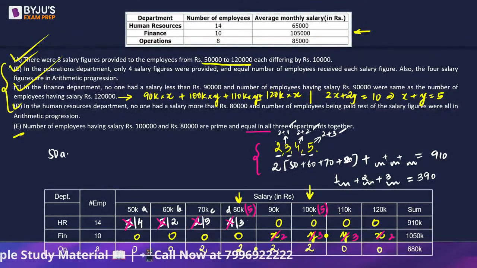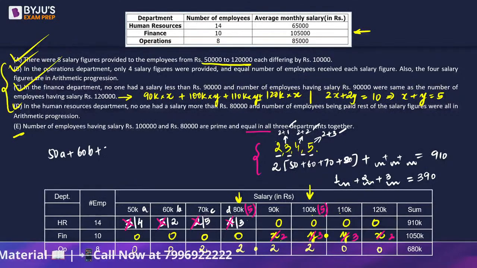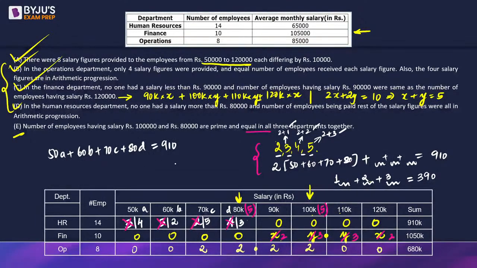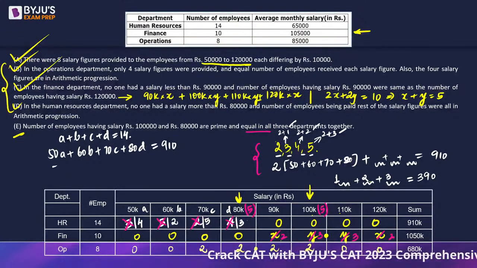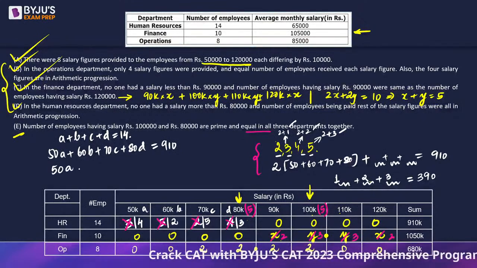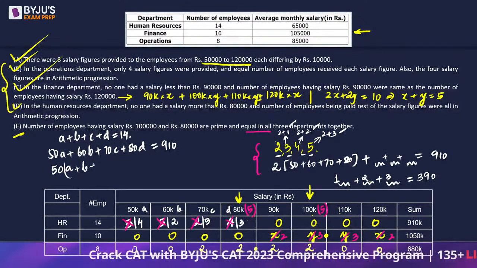So we can say 50A plus 60B plus 70C plus 80D is equal to 910, where A, B, C, D are the number of employees. And we are also given that A plus B plus C plus D जो है ये अपना 14 है ना? So what we can do is we can take out 50 common and write down A plus B plus C plus D.